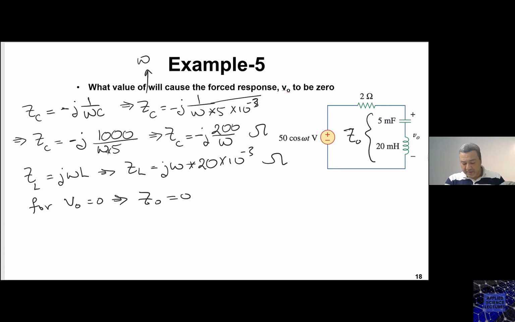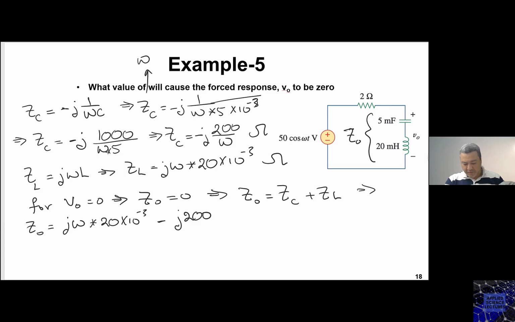And I know that Z naught indeed is the summation of both impedances, ZC plus ZL, or Z naught equals J omega times 20 to the power minus 3 minus J 200 over omega, right?